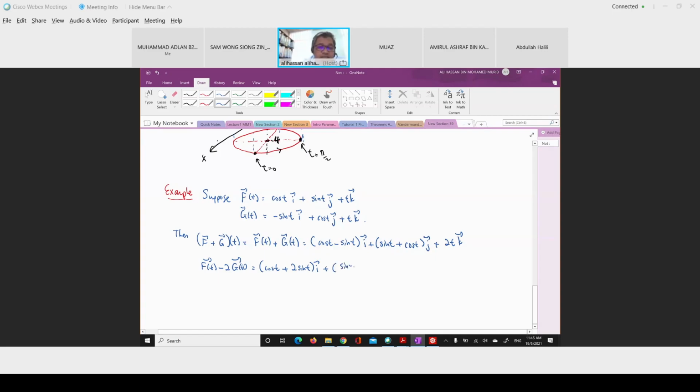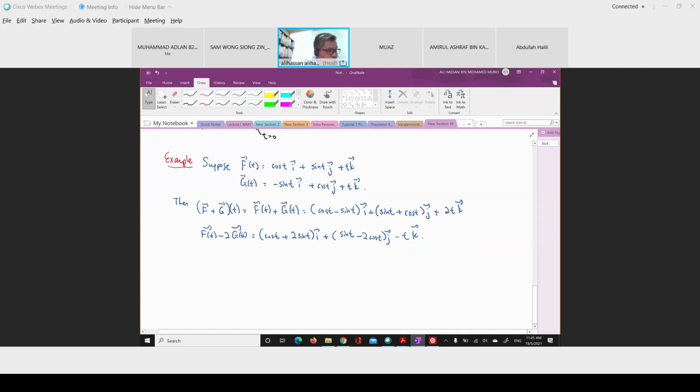We have sine t minus 2 cosine t. For component k, we have t minus 2t, which is minus t k. These are the addition and subtraction operations on two vector valued functions.